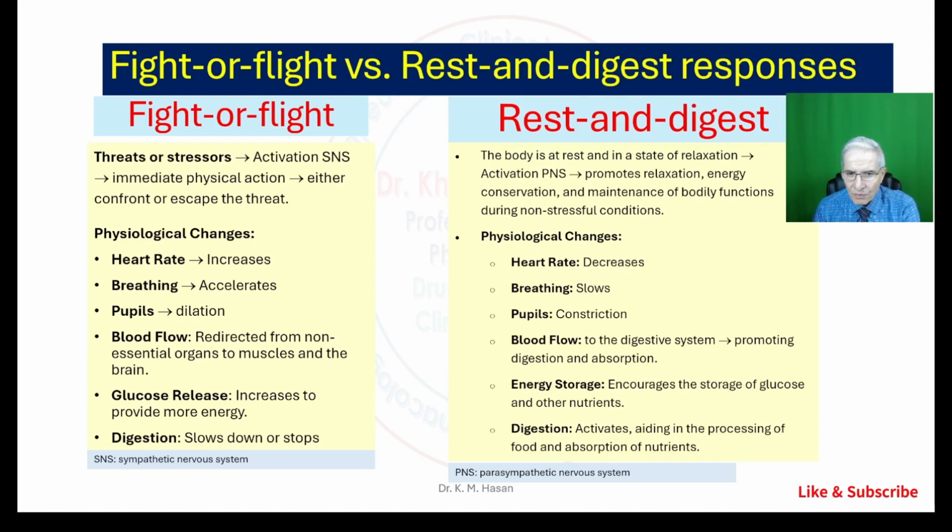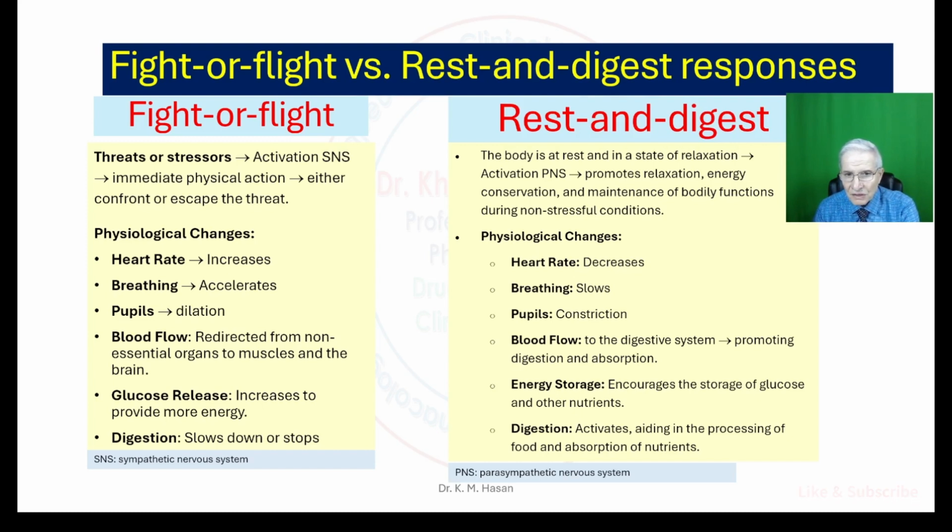We have more blood flow to the digestive system because we need to relax and digest the food. Energy storage will be encouraged to store glucose and other nutrients. The digestive system will be activated to assist with processing food and absorption of nutrients. So this is what happens during the state of relaxation.